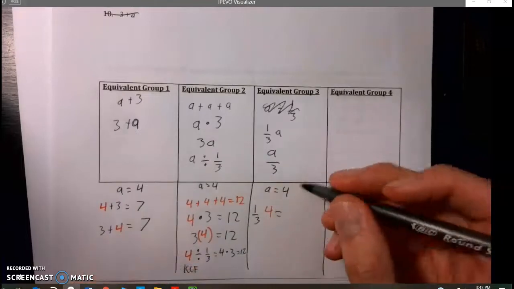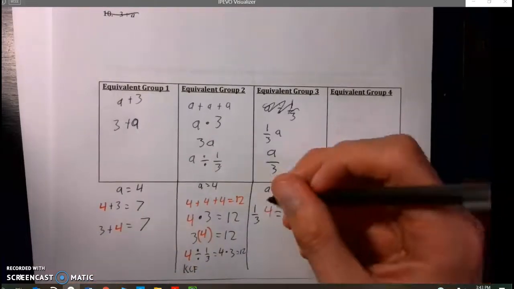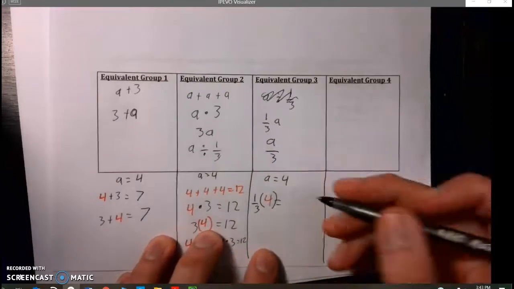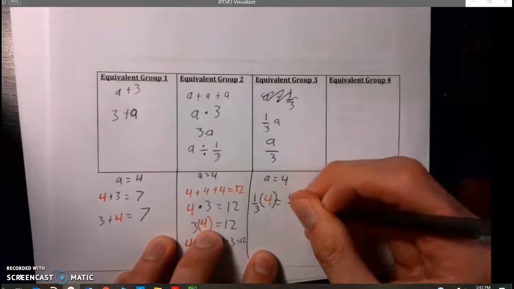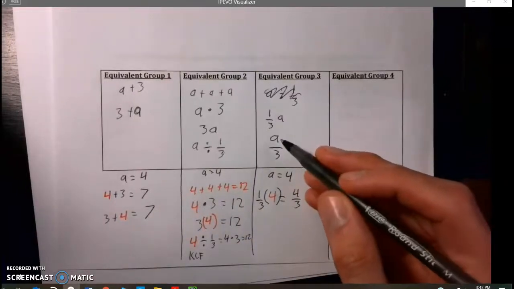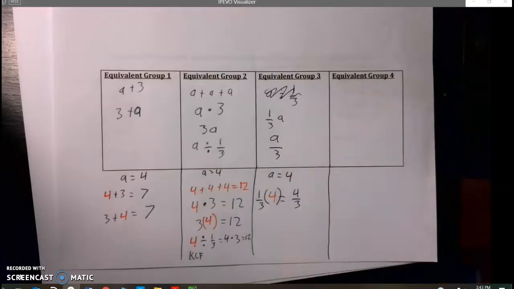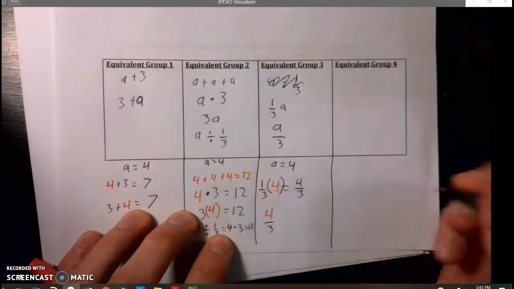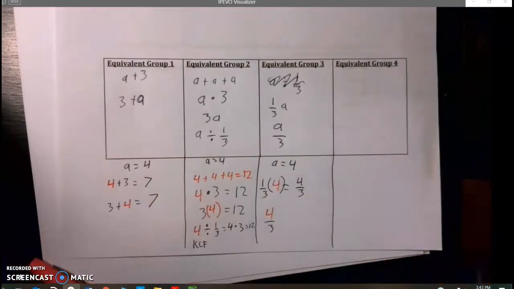So once again, we need to know when you multiply a whole number times a fraction, that whole number is going to multiply by the numerator, and I would get 4/3. All right. And now for the other one, a over 3, substitute 4 in for a, and I would get 4/3. So once again, same answer.